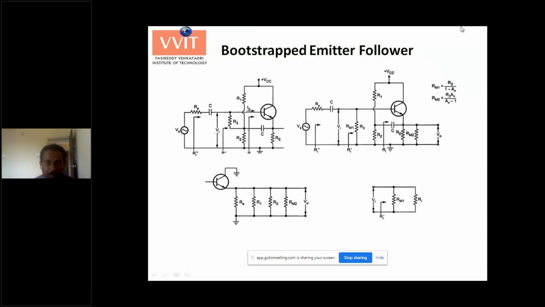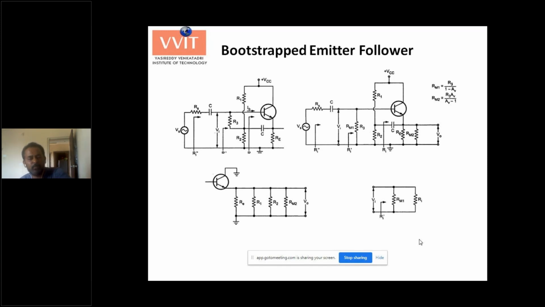So by applying bootstrapping, there won't be a reduction in input resistance. Bootstrapping is applied for either CC amplifiers or Darlington CC amplifiers. Without bootstrapping, they suffer a quite significant drop in input resistance due to the biasing network. So please work with this also.